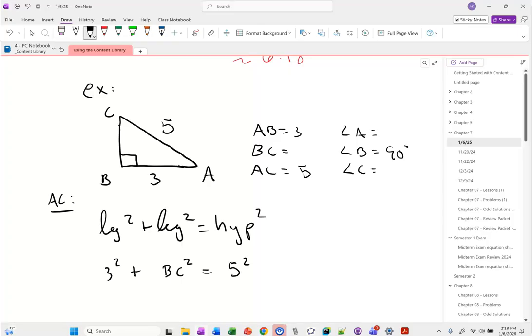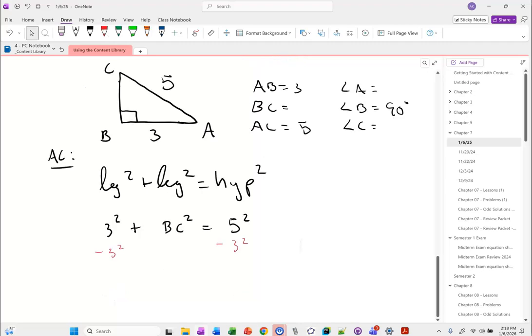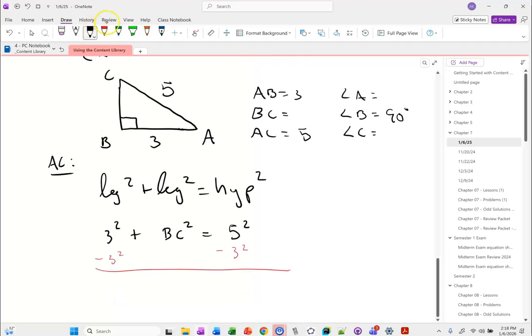Everybody's good? Okay, to solve for BC, what should I do next? I got an equation. Okay, so if I subtract 3 squared from both sides, that gives me that, so BC squared is 2 squared, right? All you people shaking your heads, yes.